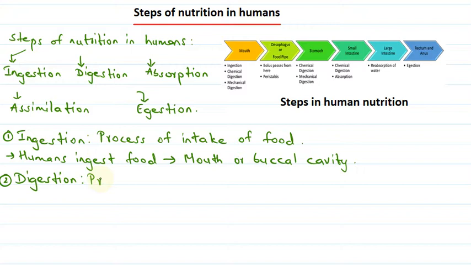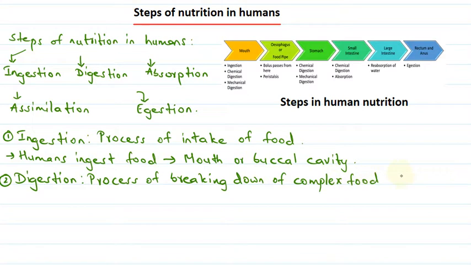Digestion is the process of breaking down complex food into simpler substances. This process of breaking down complex food particles into simpler substances is called digestion.